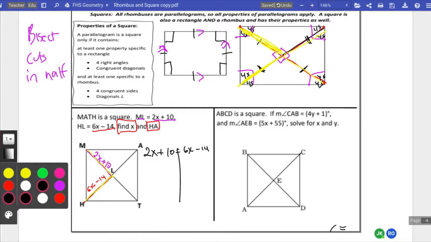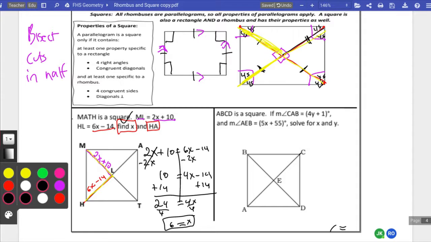Now, what do we do next? We just solve. I would move the 2x first, subtract 2x on both sides. I get 10 left here, and 4x minus 14 here. My next move will be to add 14 on both sides. I get 24 equals 4x. And then I will divide by 4. I get x equals 6.